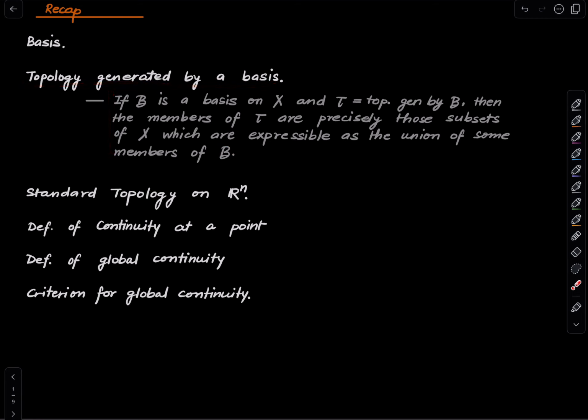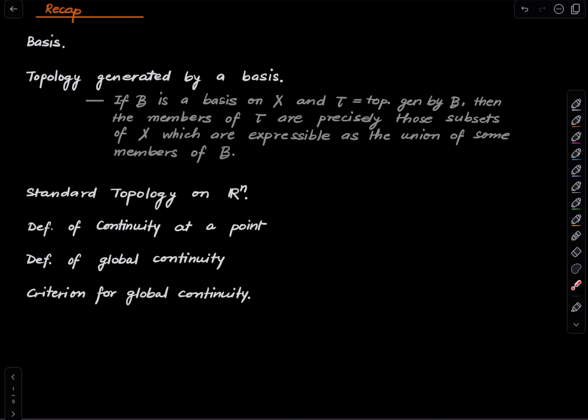And then we discussed the standard topology on Rn, which was the topology generated by either the collection of all the balls in Rn, with centers at arbitrary points and arbitrary radii, where the distances were measured according to the Euclidean metric, or you could do the same thing with the infinity metric. And there was an exercise which asked you to show that the same thing is true even for the L1 metric, so to say, L1 distance. When I say metric, I just mean distance.